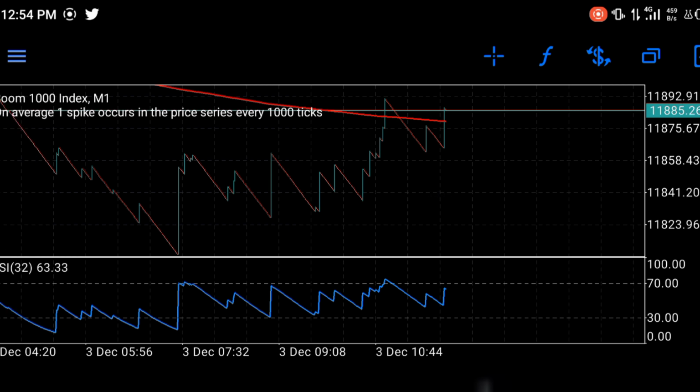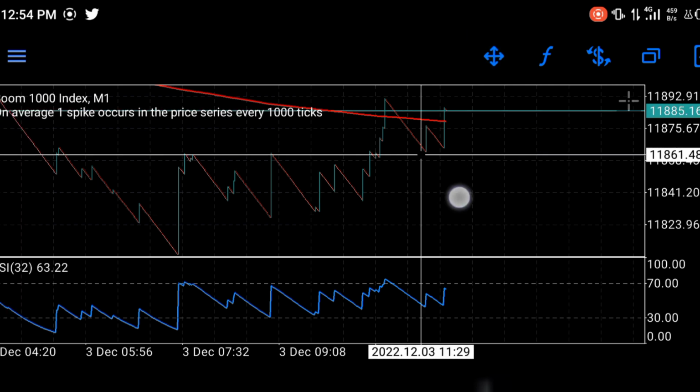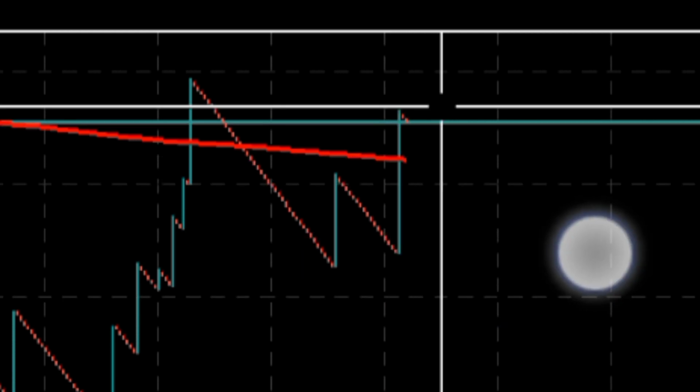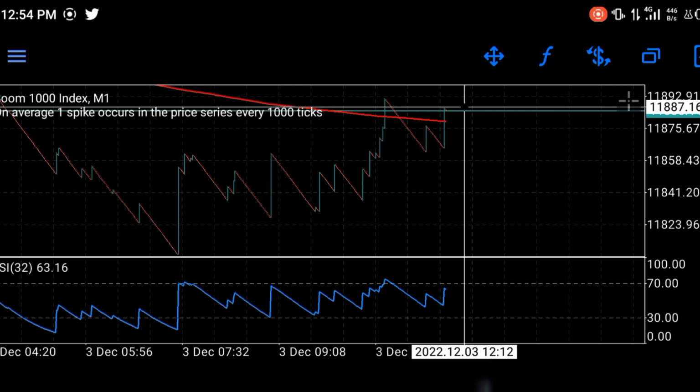So the market will be trying to go back, return to its normal position, whereby this here will be below this, and that way you can get a lot of spikes in the 1 minute time frame.